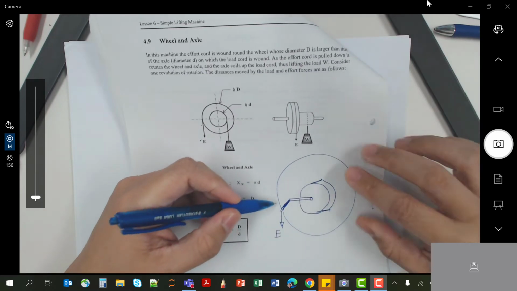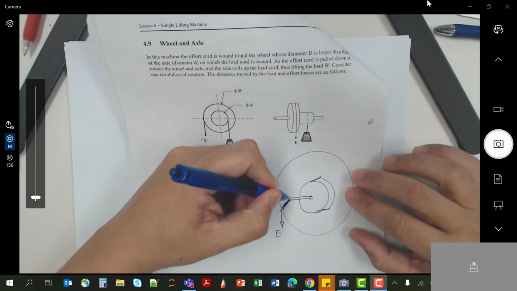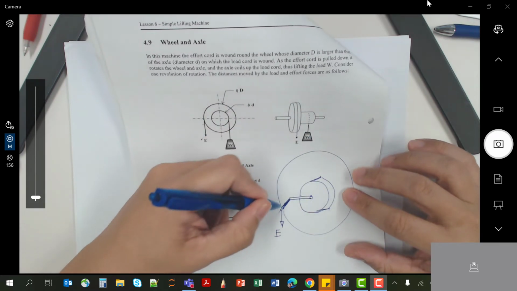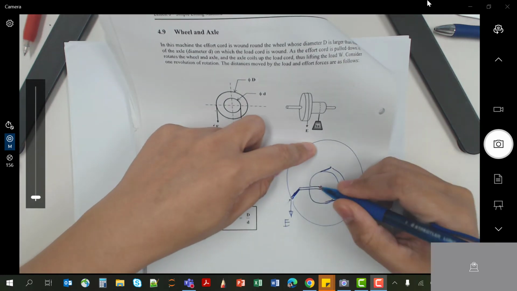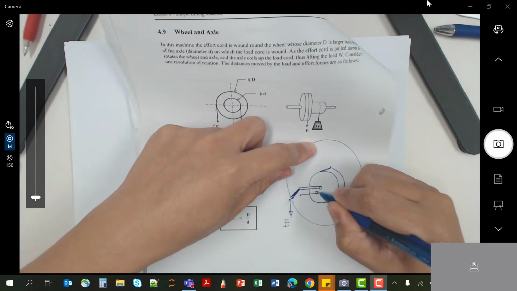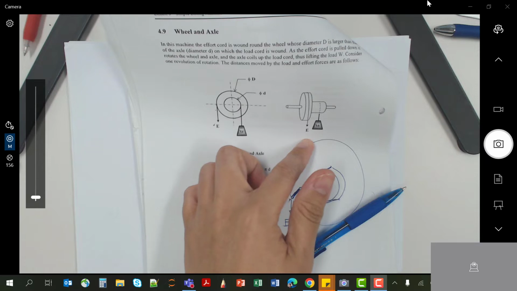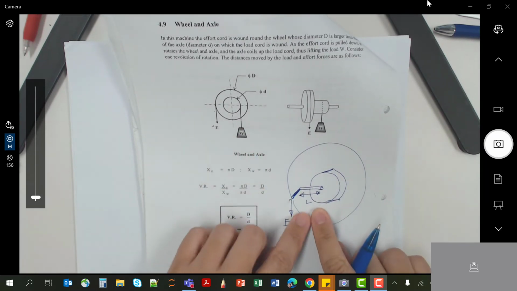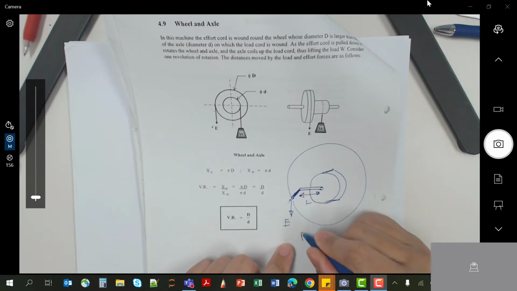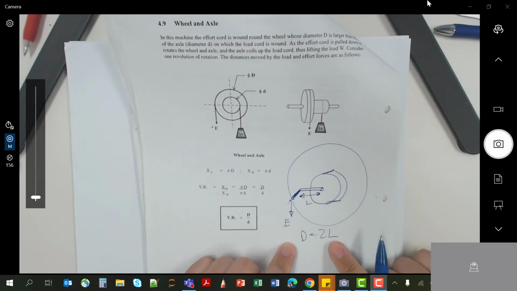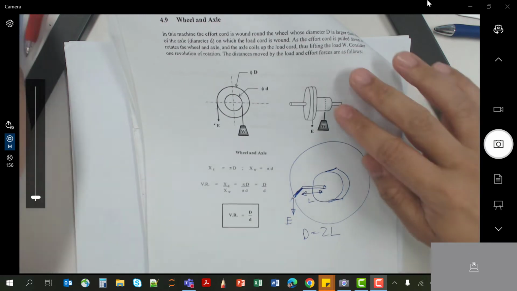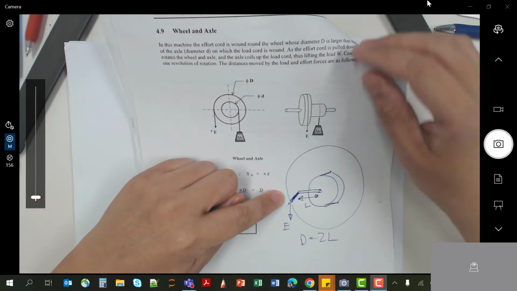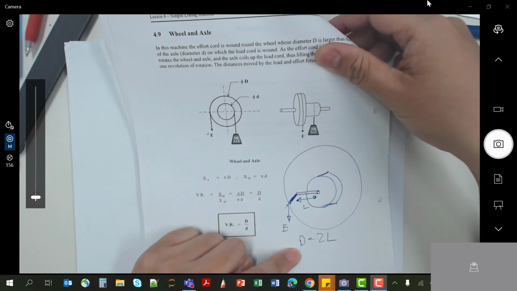The big D in this case is the diameter of this circle that is formed. If this length of the handle is L, then big D will be 2L. Just take note that not every time the effort takes place in a wheel, it can be a handle, and then you need to know how to find big D.